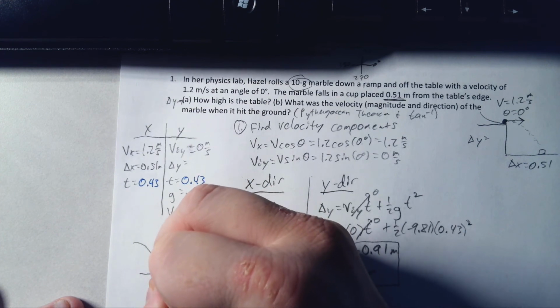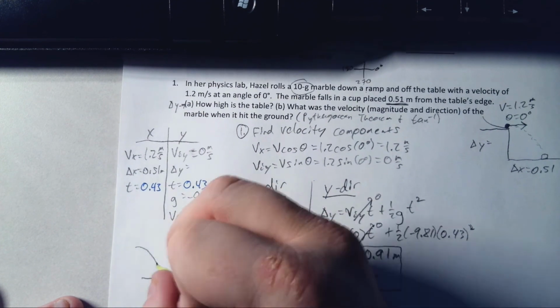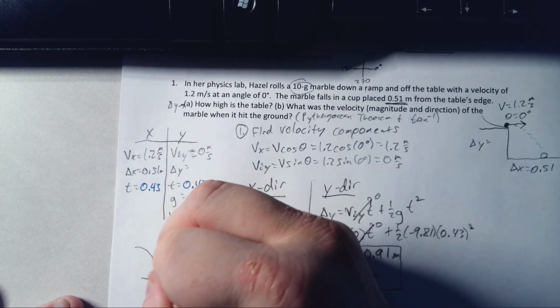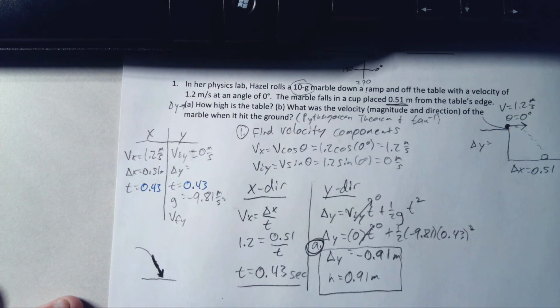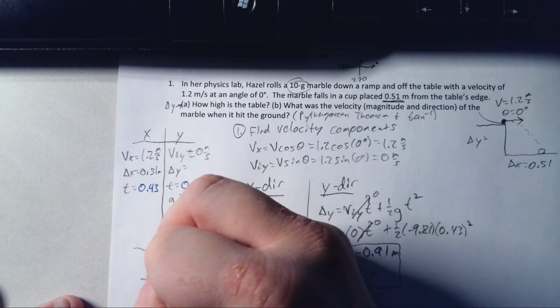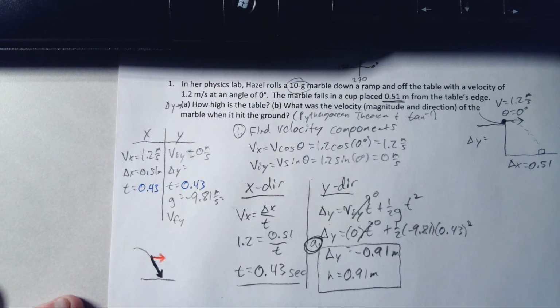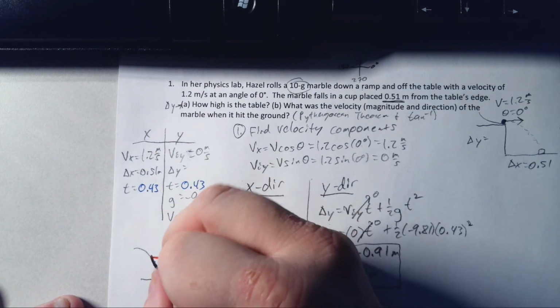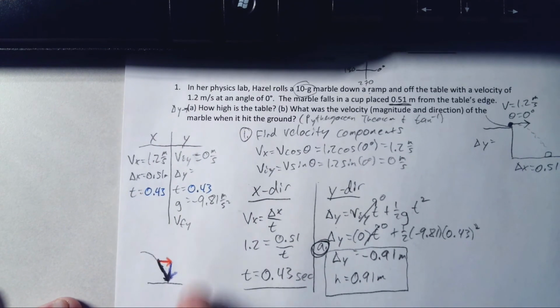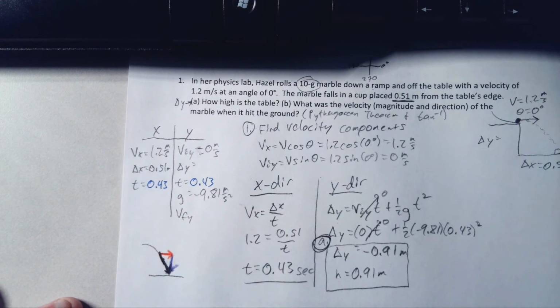So if we think back to vectors, we can split this, so I'm going to draw this a little bit longer here. We can split this in terms of how fast this thing is moving sideways, and then how fast this thing is moving down. And if we know the two sides here, we can use the Pythagorean theorem to find this.